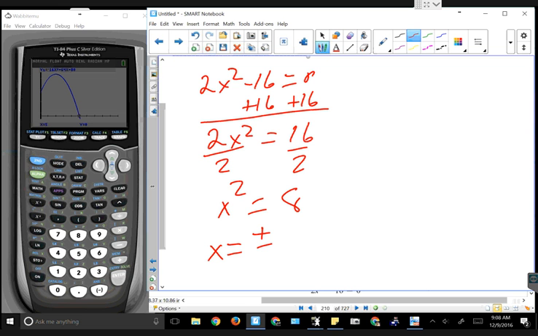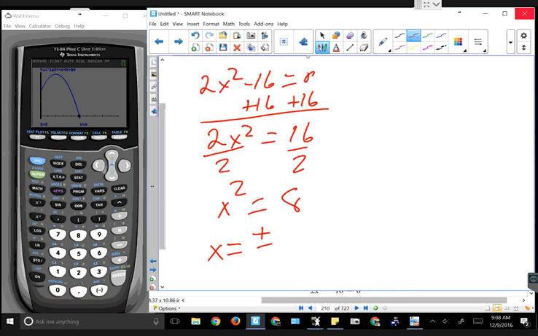Now, this stuff that I slammed down first is all basic stuff. You guys know that should come out just as fast as I was doing it. So now, 8. Question: is there a factor that's a perfect square in 8? Think of the factors of 8. You've got 1 and 8, 2 and 4. 4 is a perfect square.